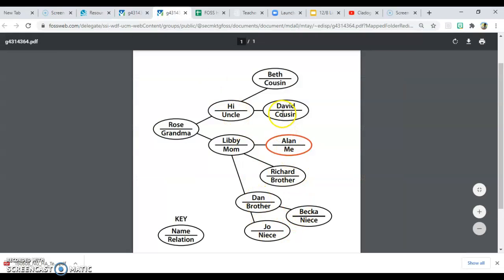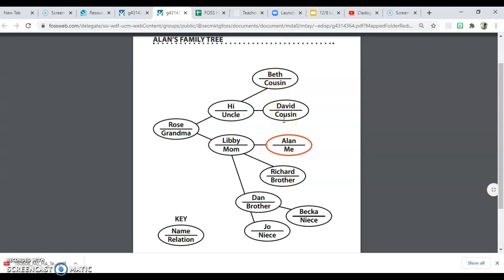You see how the cousins are, and then you see how the brothers are. It doesn't say anything. It doesn't let us know if one is older, one is younger, one is taller, shorter. It doesn't give us any description of physical information that we may need. So this family tree is very plain.